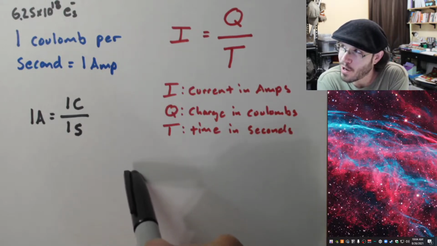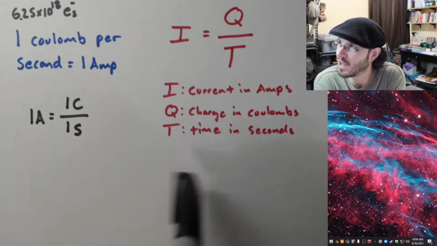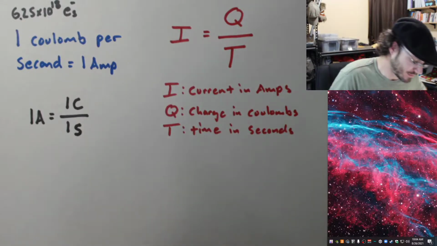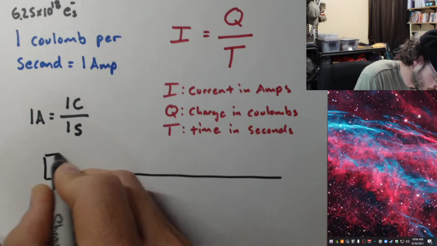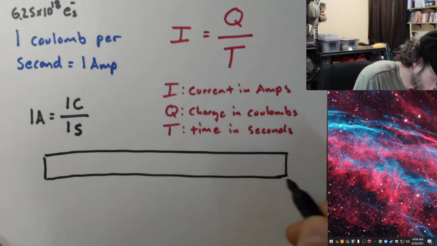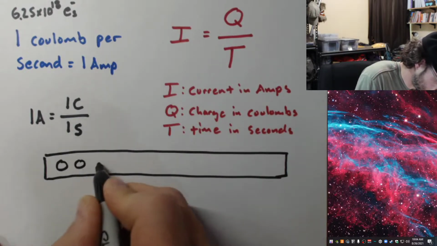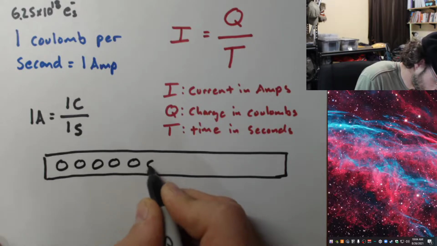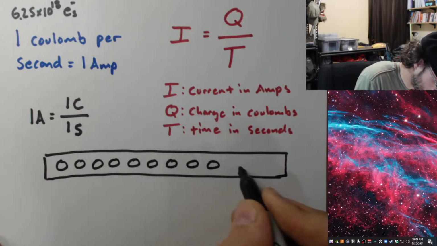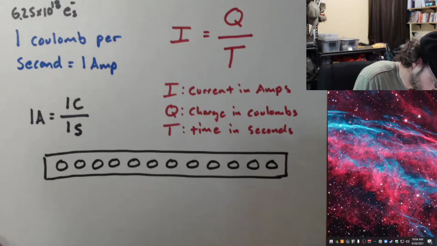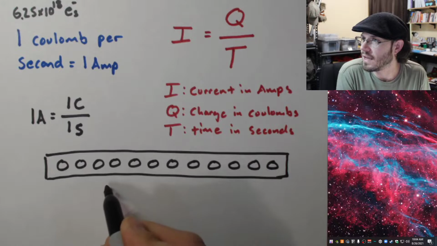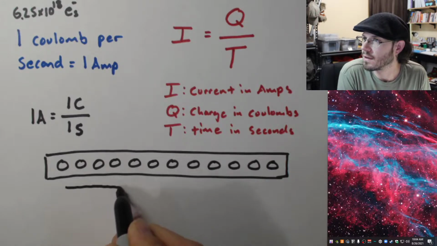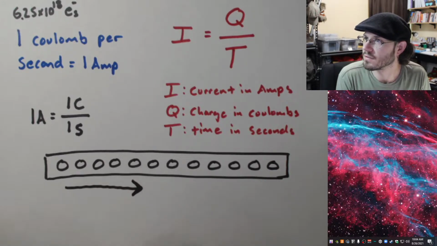Imagine I have a wire with electrons flying through it. My electrons are moving in, let's say, this direction.